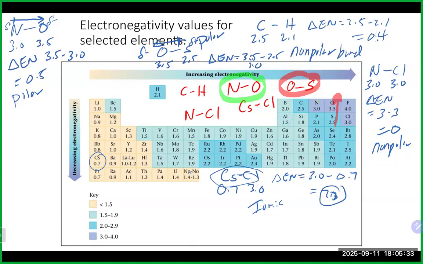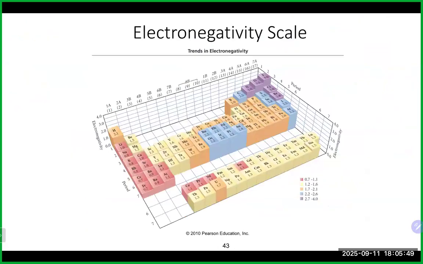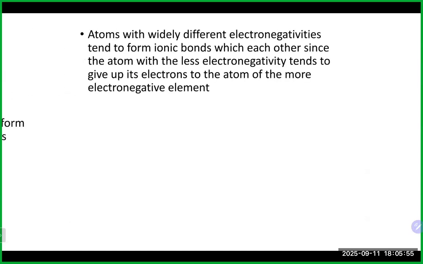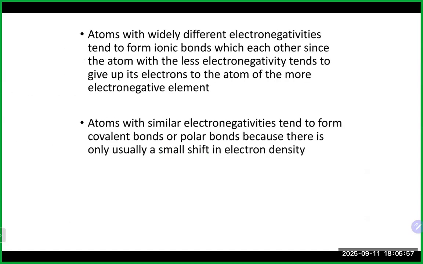For example, I don't know if you did like 2.8 and 0.9 or something like that. If you subtract it, I think that gets you less than 2, right? So there are a few places where you can put a metal and a non-metal together and get a difference in electronegativity less than 2. That's why I said earlier, you really don't even need the values. As long as you see it's a metal and a non-metal, it's going to be ionic, and there are some exceptions, obviously, for the ionic greater than 2 difference in electronegativity.